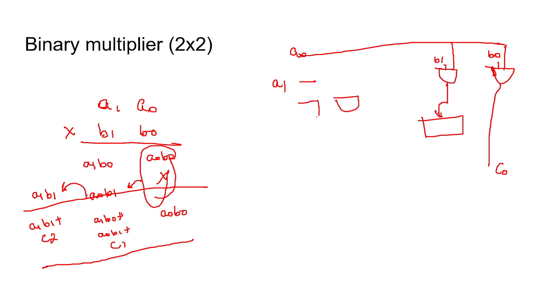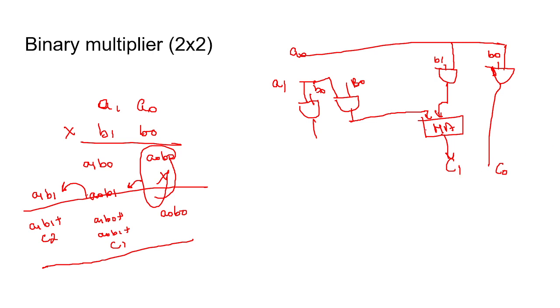I will apply this first: A1 and B0. So I need A1 B0, and I need this result. So a half adder will be sufficient. And then C1.